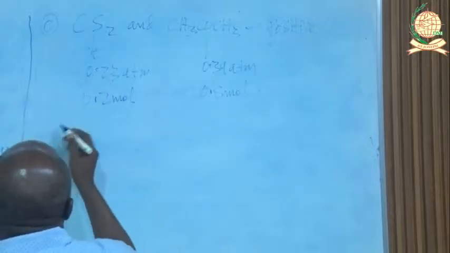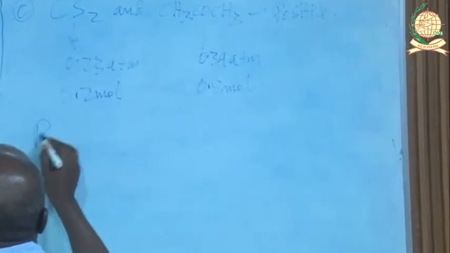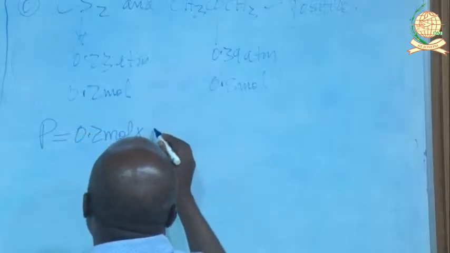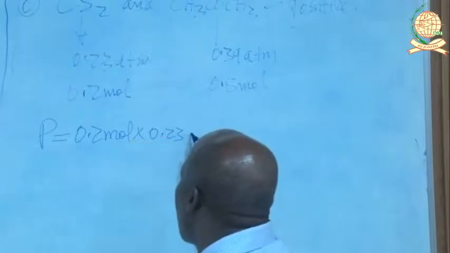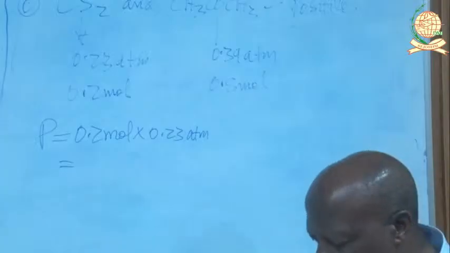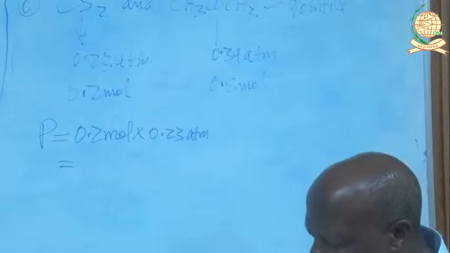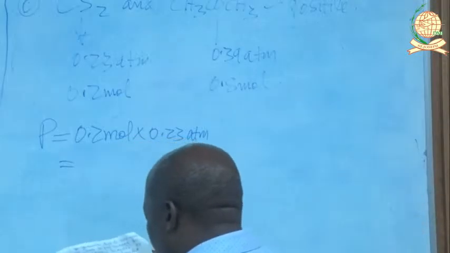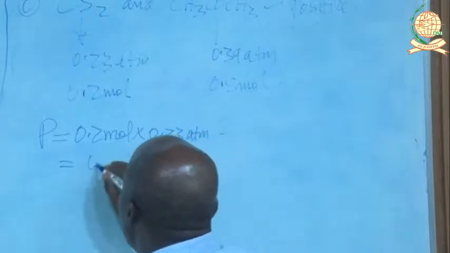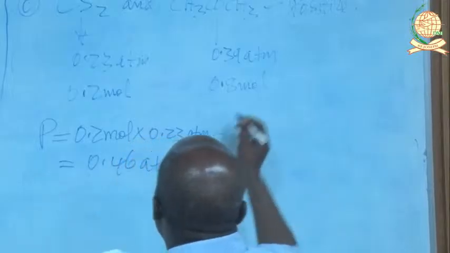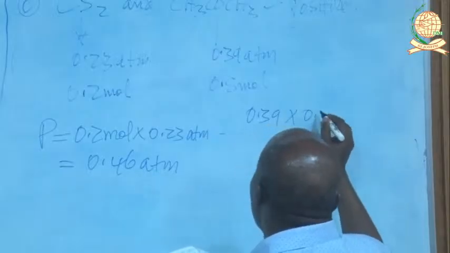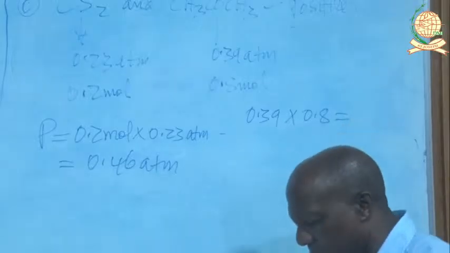The vapor pressure of carbon disulfide is equal to its mole fraction, 0.2, times its pressure, 0.23 atmosphere, which gives 0.046 atmosphere. For acetone, you multiply 0.39 times 0.8 to get the answer. So this is how to calculate it.